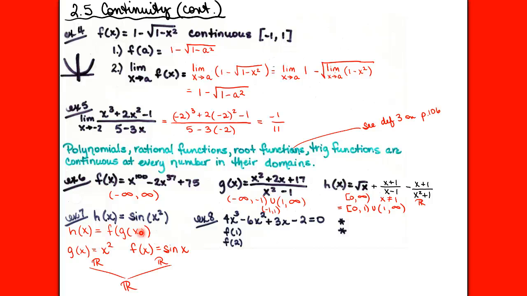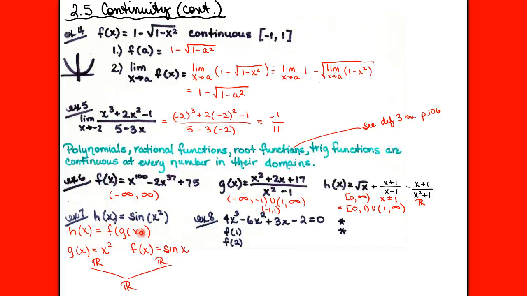The short version of that is that if n is a number between f of a and f of b, there's a y value in between f of a and f of b, then there has to be an x value in between a and b that goes with that, right? I mean, you can't have a y without having an x. And we apply the intermediate value theorem to help us solve all kinds of different things.